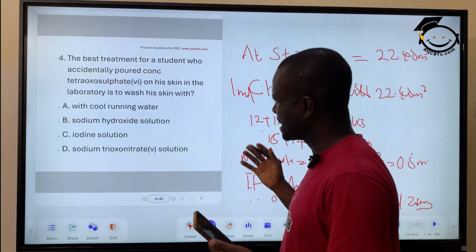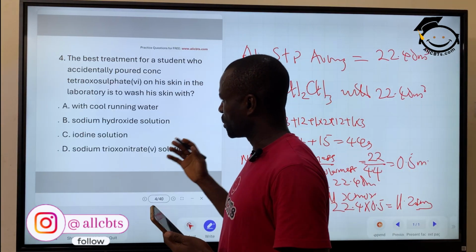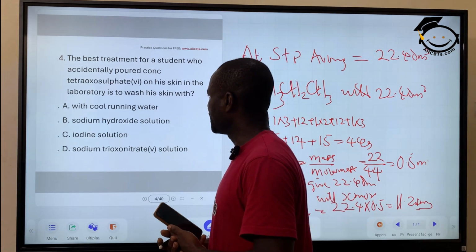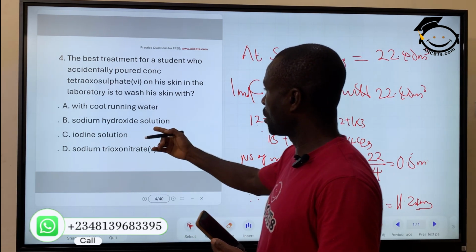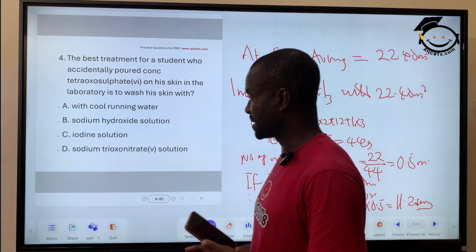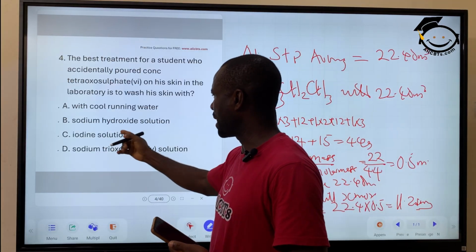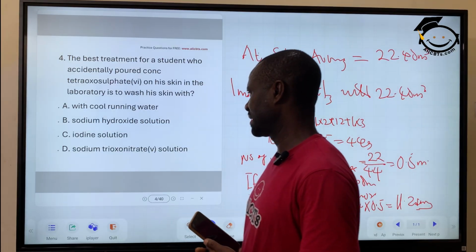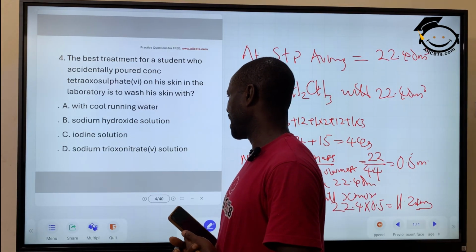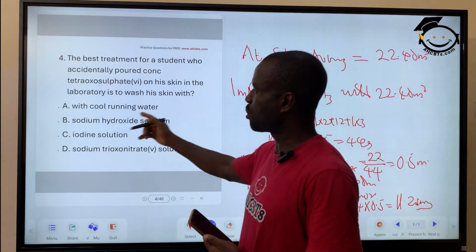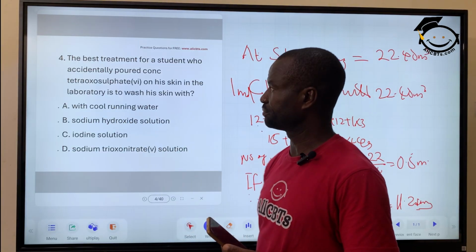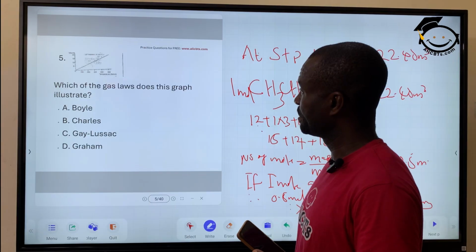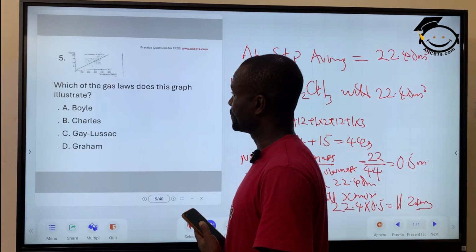The best treatment is A, cool running water, that is, pour cool running water on the skin; B, pour sodium hydroxide solution on the skin; C, add iodine solution on the skin; D, sodium trioxonitrate(V) solution on the skin. The correct answer is to pour cool running water on the skin. That is the best method of preventing accidents in the laboratory.